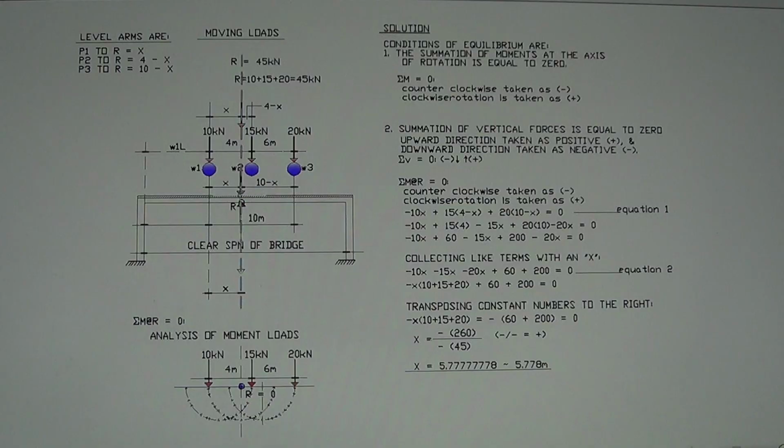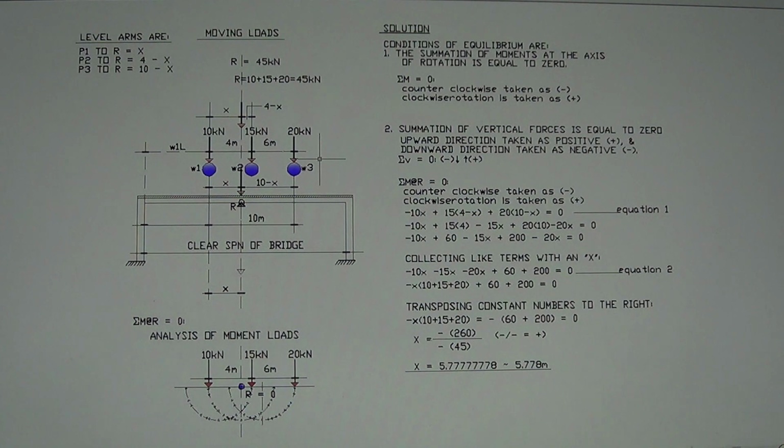The location of the point R depends on how far wheel 1 is from the support, and if distance W1L is 1 meter, you add the x, and that is the point where you apply the resultant load.